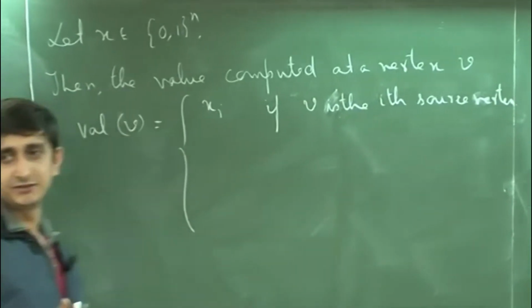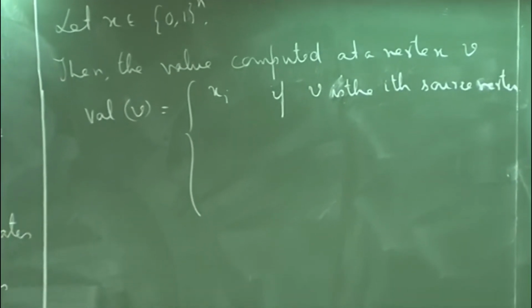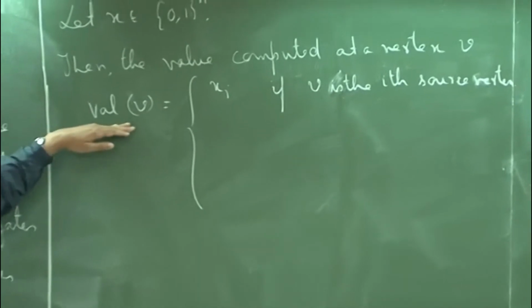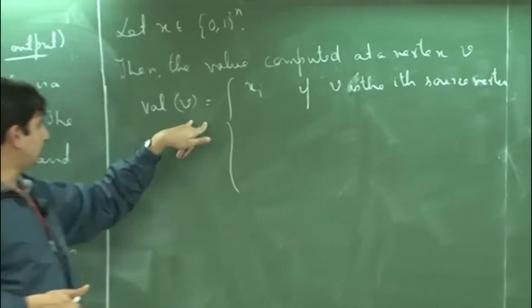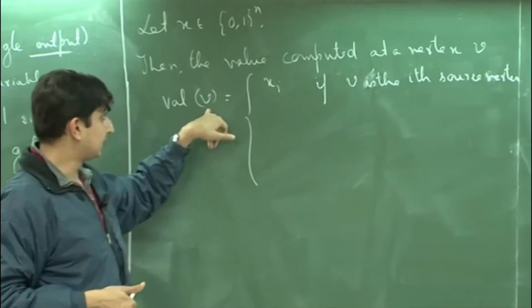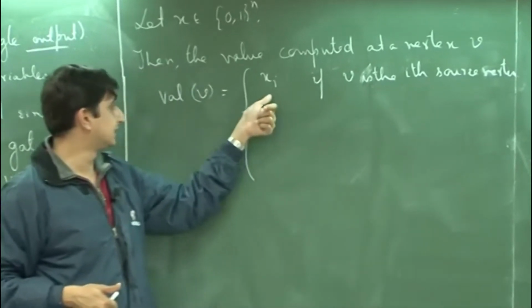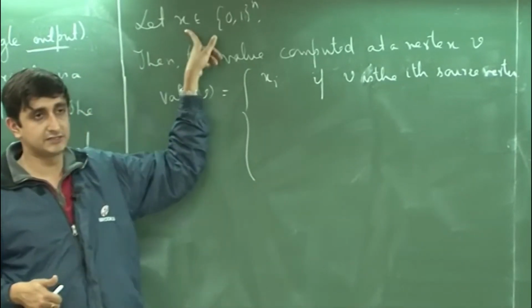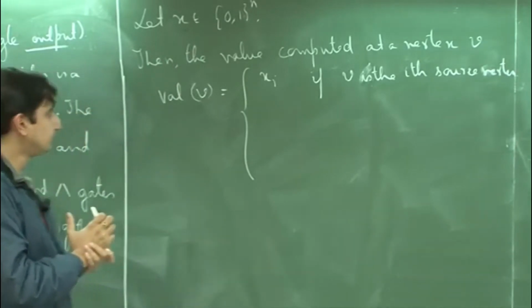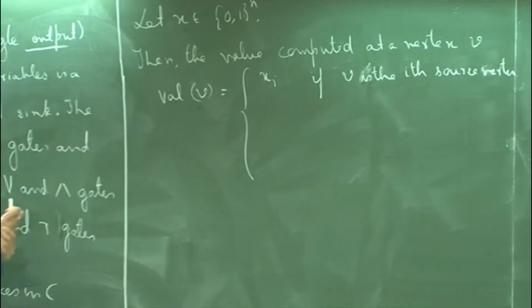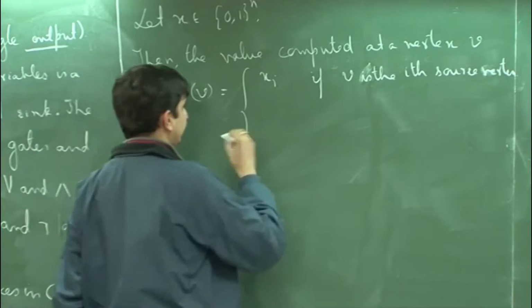We can assume there is an ordering among the source vertices, and the value of the ith source vertex is the ith bit of this string. That is why we just assume that there are no constants for the time being.